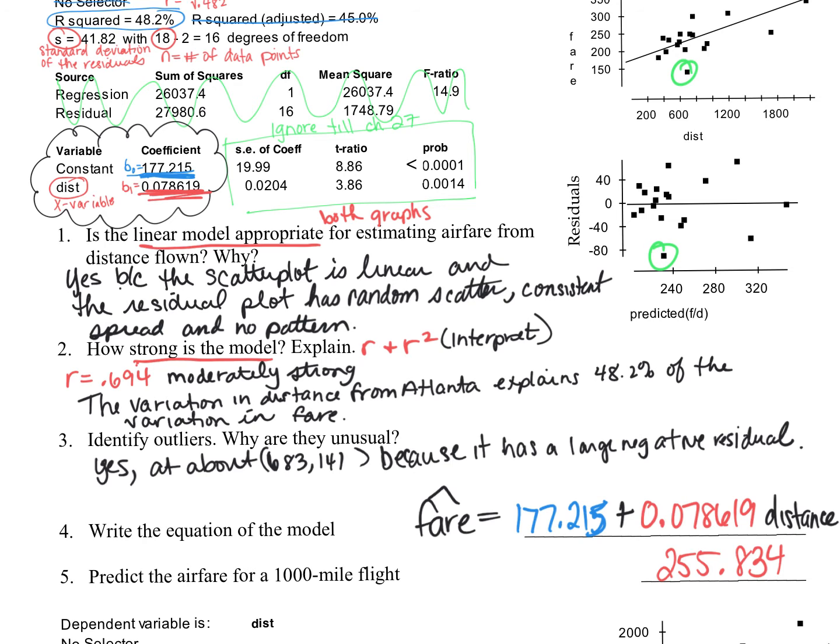So my correlation stays the same when I switch the variables, but it's not an algebraic relationship. I can't say, how far could I fly if I had $500? I can't plug that into the equation for y and solve for x, because this isn't a perfect relationship like in algebra, right? This has only a correlation of 0.694.